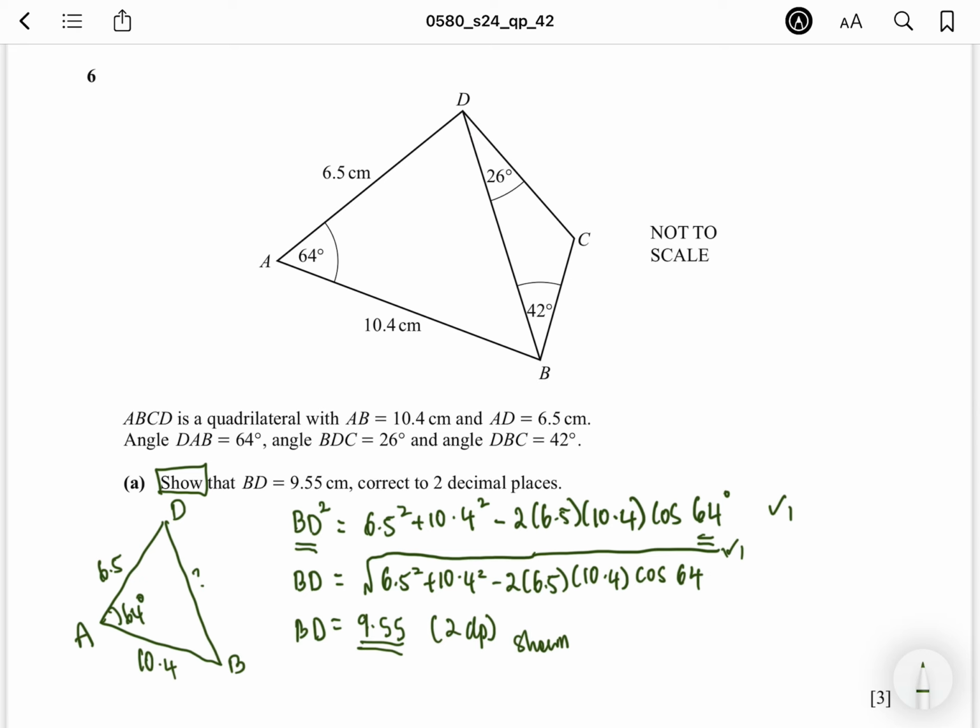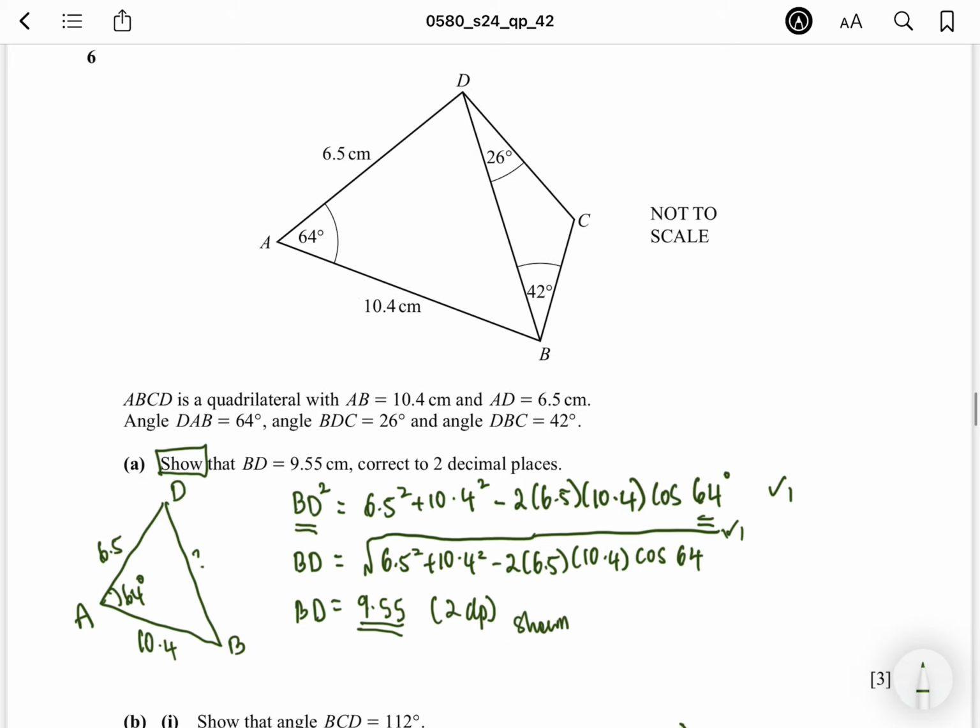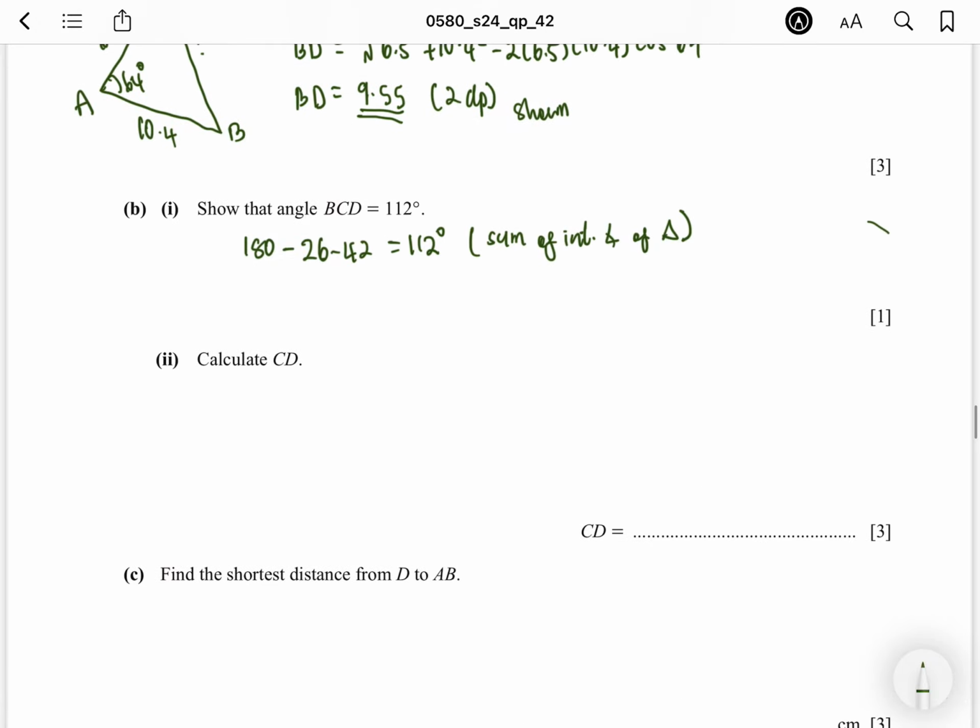We can do the same thing as before: redraw. However, in this case, because we are finding CD, we have 2 diagrams we can draw: either the quadrilateral ABCD or the triangle BCD. Which one? The triangle BCD, that would be the most logical.